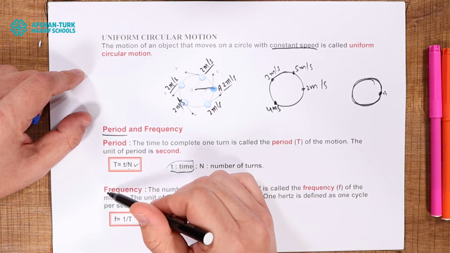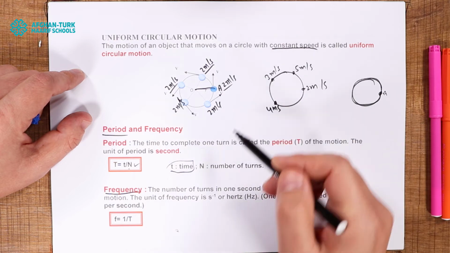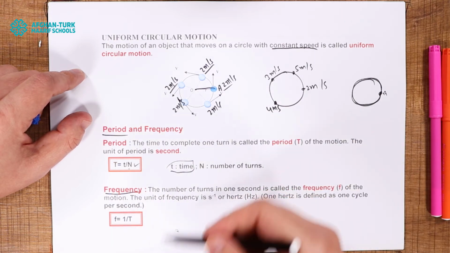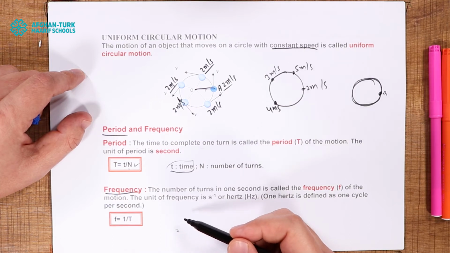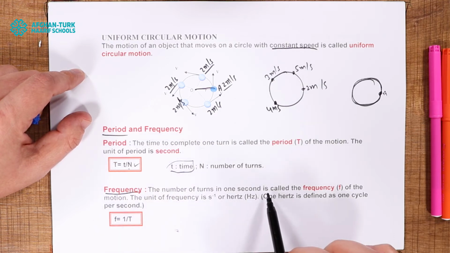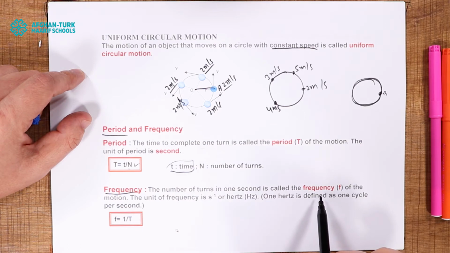The next term which is very important for circular motion is frequency. Both are nearly the same, but there is a little difference between period and frequency. What is frequency? The number of turns in 1 second is called frequency.